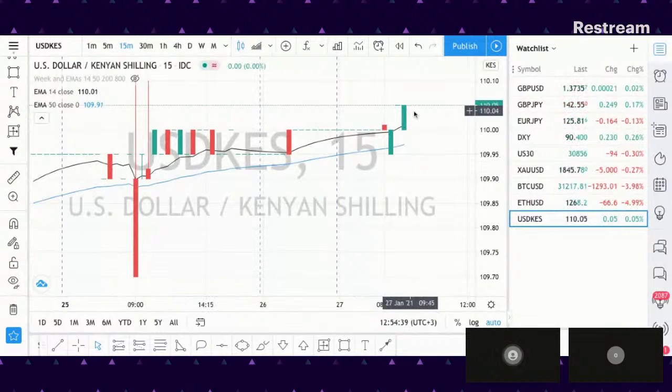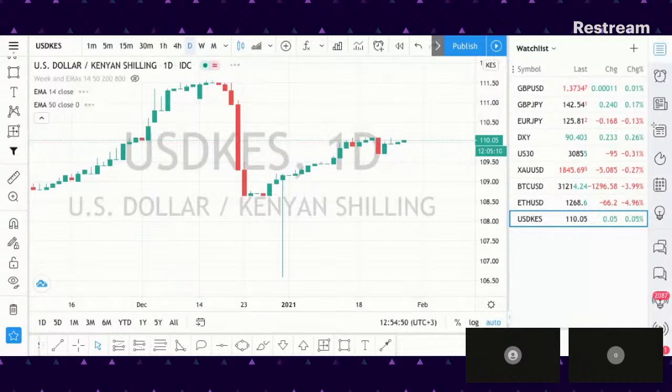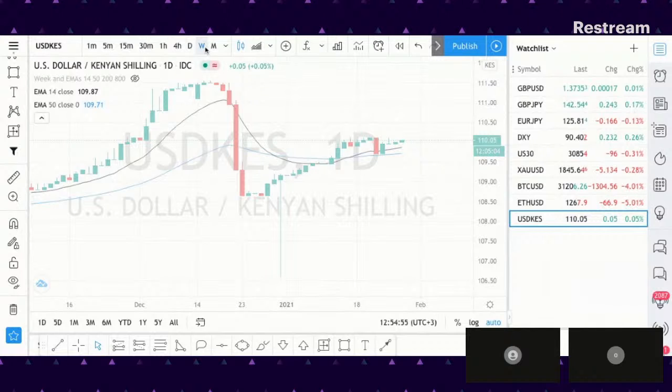What this means is that one US dollar is equal to 110 Kenyan shillings. Let's see how it has performed. At the time it hit, it made this spike. Don't know what happened during that time.